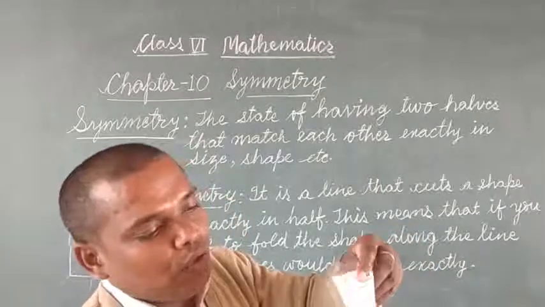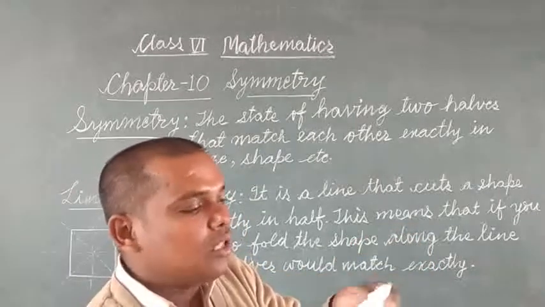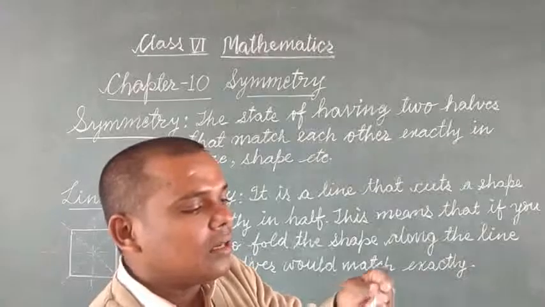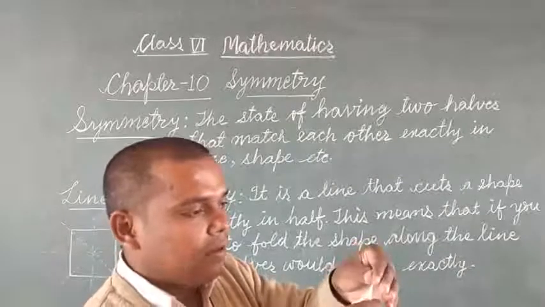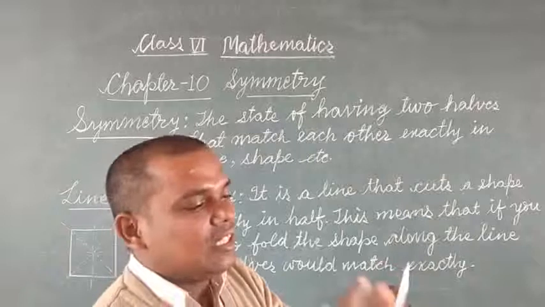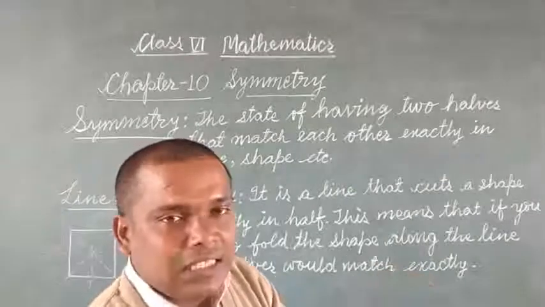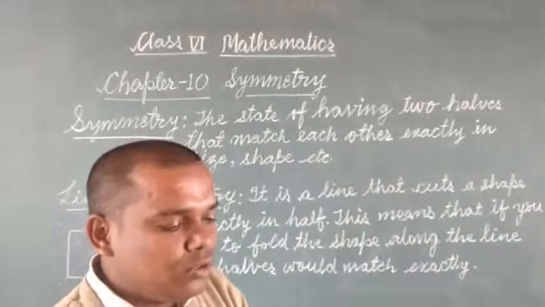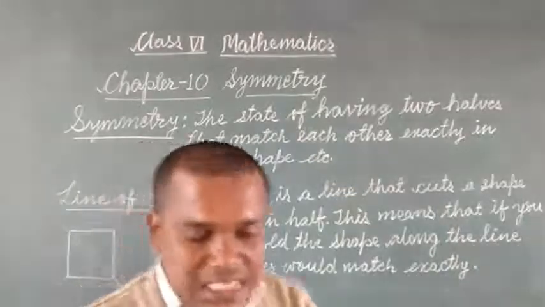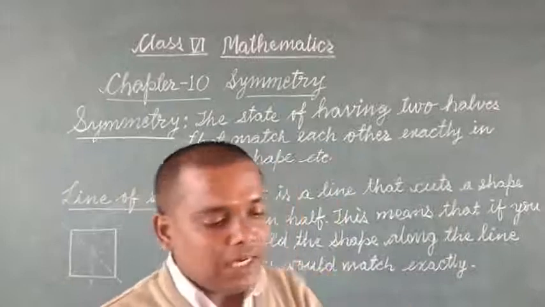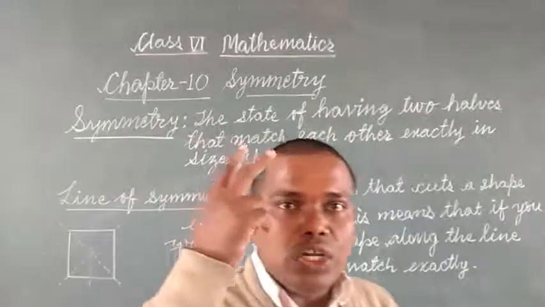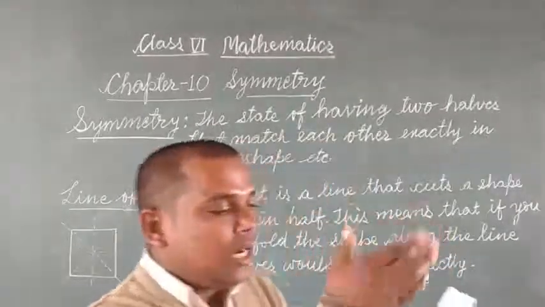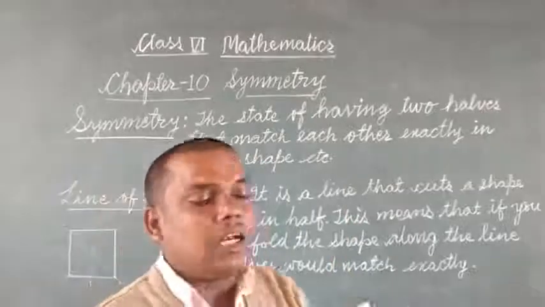But if I am going to fold it along its diagonal, see, this part and this part are not matching each other. By this diagonal also they are not matching each other. So we can say that in the case of a rectangle we have only 2 lines of symmetry, one along the length, another along the breadth.